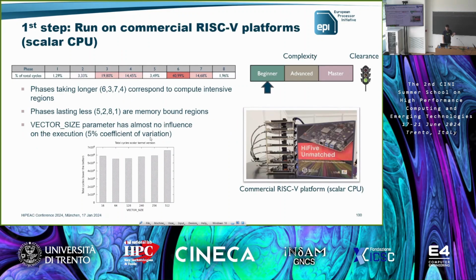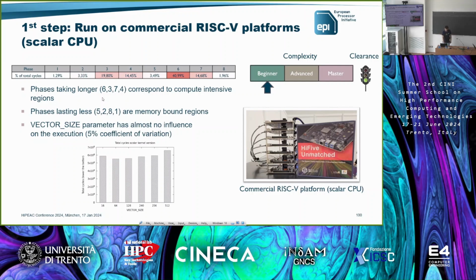Okay, first we run the scalar application. We look at the different phases and at the percentage of cycles, and we see that phases 6, 3, 7, and 4 are the more compute intensive.